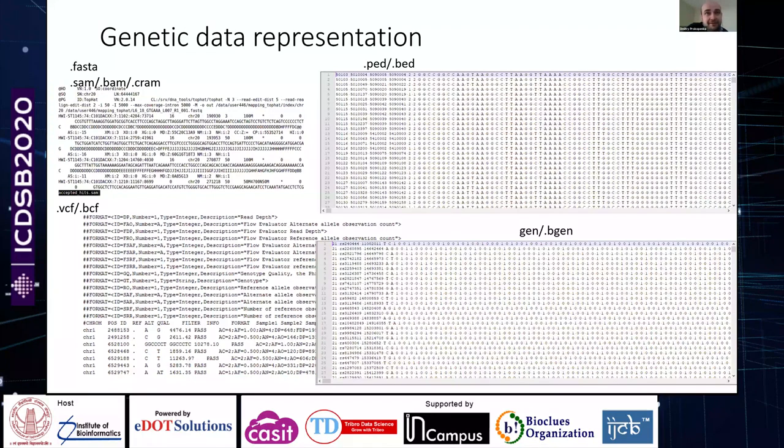Historically, people from different research groups stick with one format, while others stick with another. On the upper left side, you see the sequence alignment format, and the other three are variant calling formats: the VCF and BCF groups, the PED and BED coming from the Plink format, and the GEN and BGEN, which come from the Oxford-based tools.